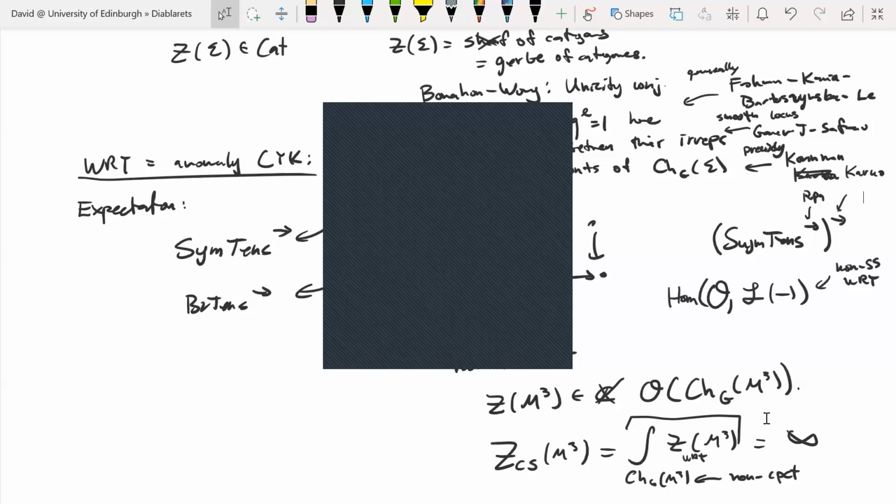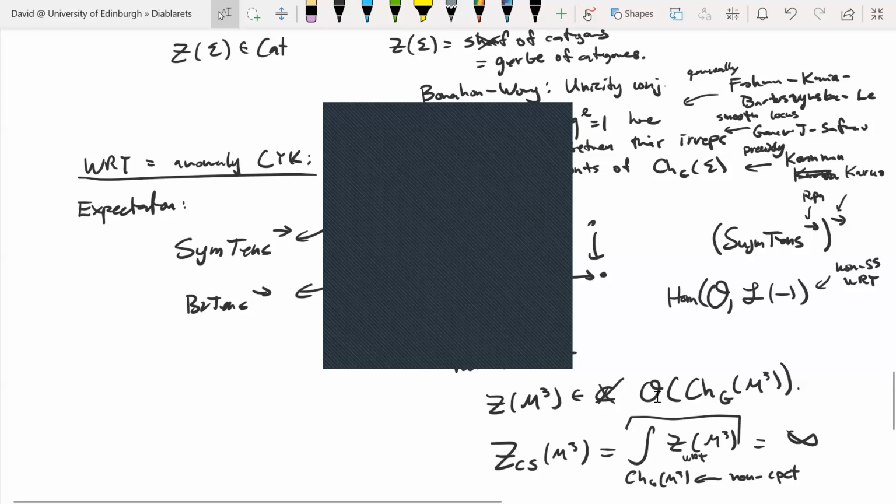So as an example, we can compute some elliptic genera for some sigma models, 2D sigma models on non-compact hyperkähler targets. So is there a notion of equivariance that can help dealing with that invariant?